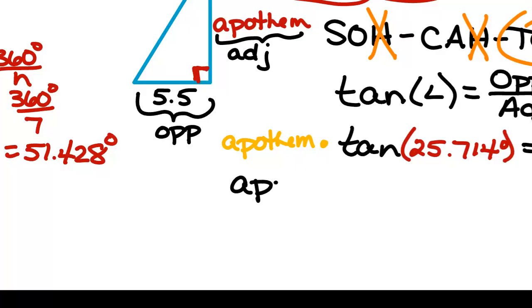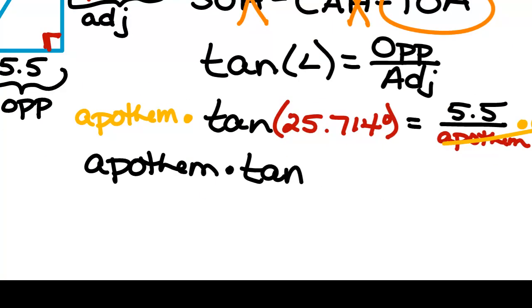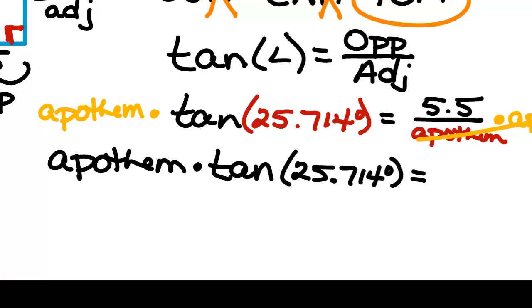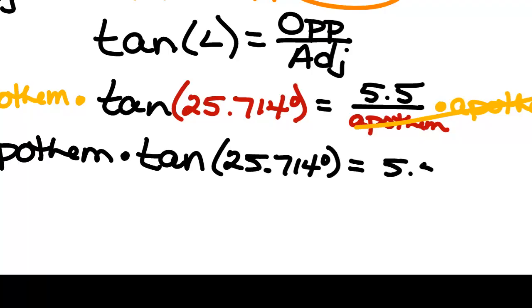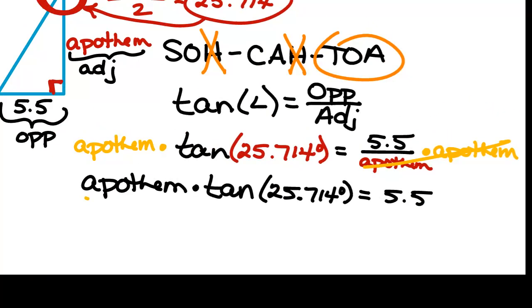So I have apothem times the tangent of 25.714 equals 5.5. What else do I need to do now to get the apothem all by itself? I want this alone. Yes, we're going to divide by tangent of 25.714. If you do it to one side, you got to do it to the other side.